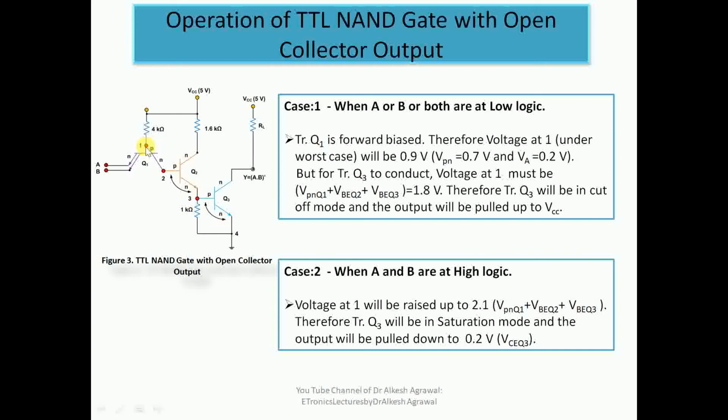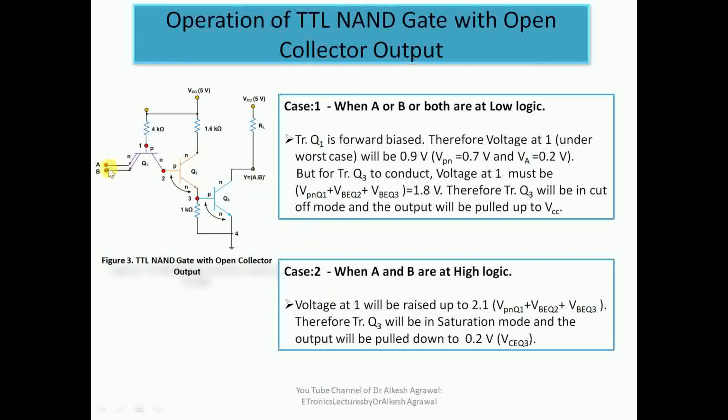So the minimum potential at this point should be greater than 1.8 volt for Q2 and simultaneously Q3 to be on. So when both or any one of the inputs is low, Q2 and Q3 will be in cutoff mode, and the output will be pulled up to VCC by this passive pull up resistance. So this is case 1. What we are getting as output is the NAND output, A and B inversion.